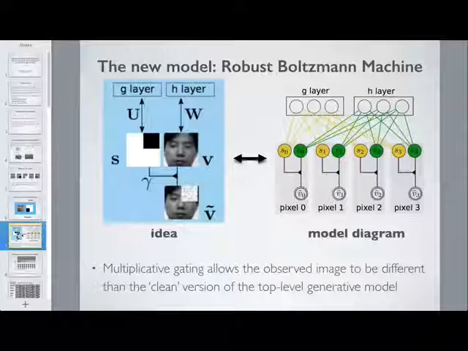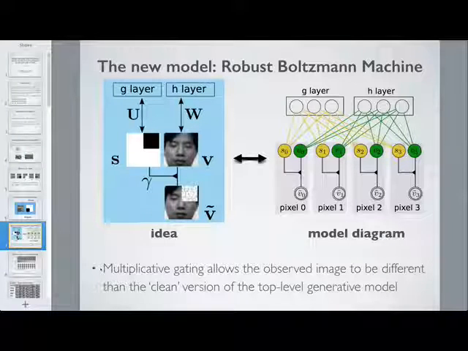Mathematically, we have to make a modification to the existing network. In this case, we're adding 3 sets of pixels to each of the original pixels, as you see on the right, and essentially what that does is add a set of latent binary mask variables to the model.